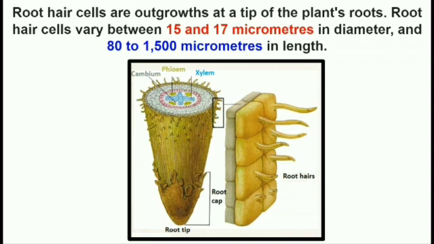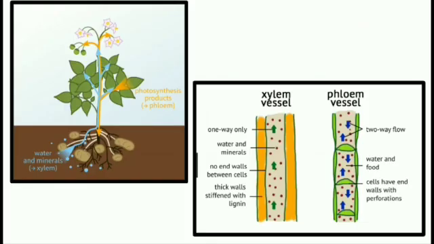Root hairs are cells or outgrowths at the tip of the plant's roots. Root hair cells vary between 15 to 17 micrometer in diameter and 80 to 1500 micrometer in length. Xylem and phloem are complex vascular tissues that facilitate the transportation of water, minerals and food throughout the plant.